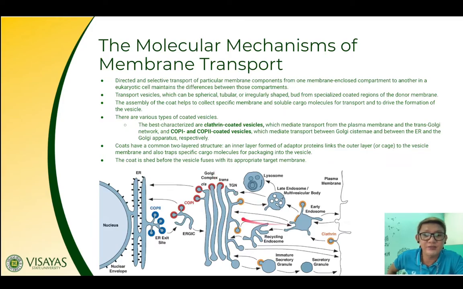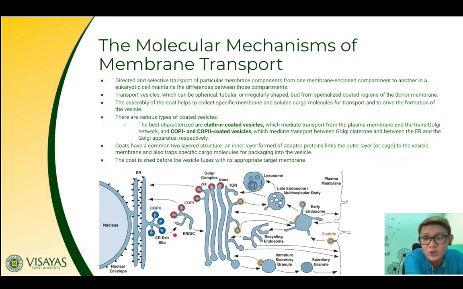So the transport of substances taken up by the cell through the cell membrane and into the trans-Golgi network, the TGN, is through clathrin-coated vesicles. On the other hand, COPI and COPII vesicles are the ones that mediate transport between Golgi cisternae, and between the ER and the Golgi apparatus, respectively.